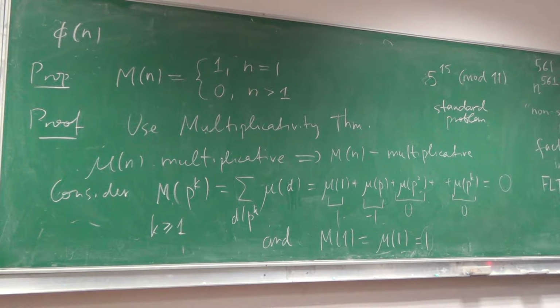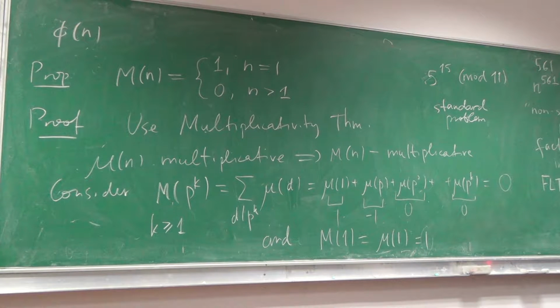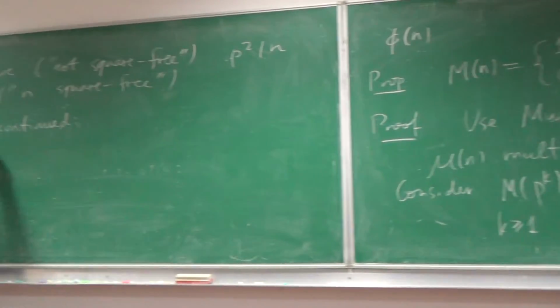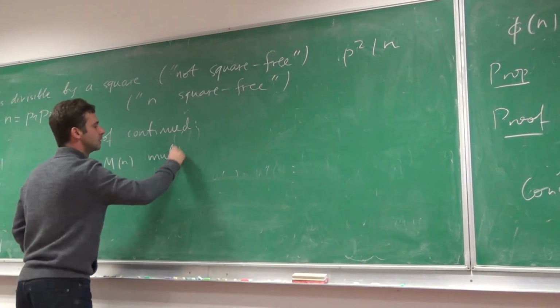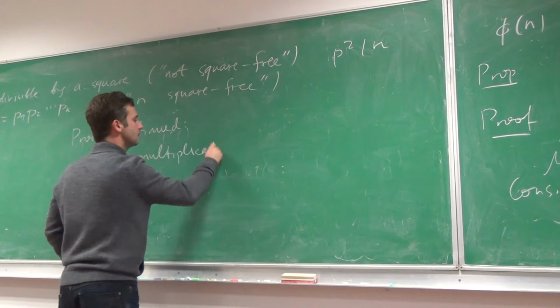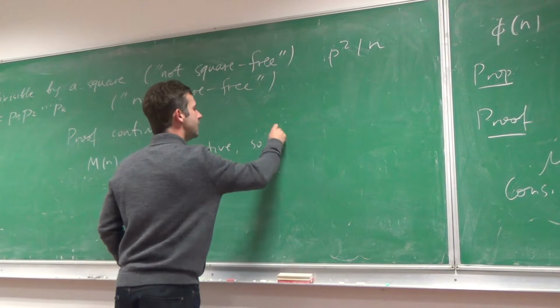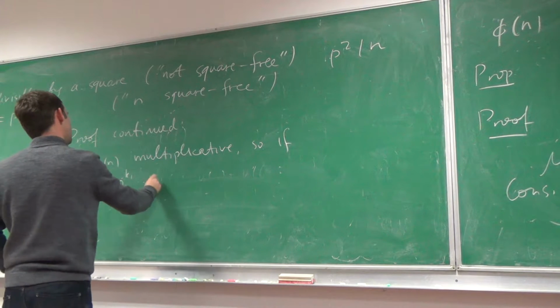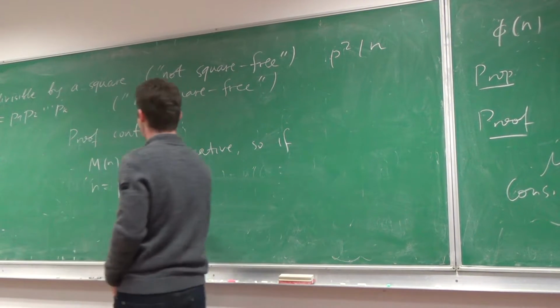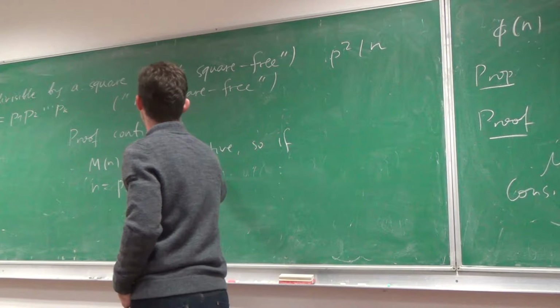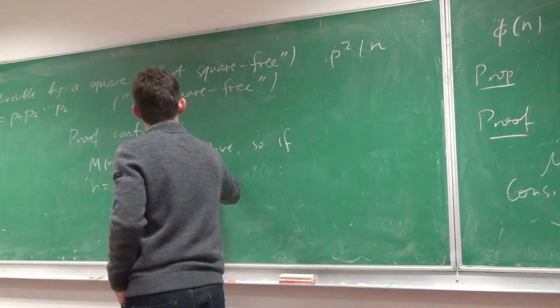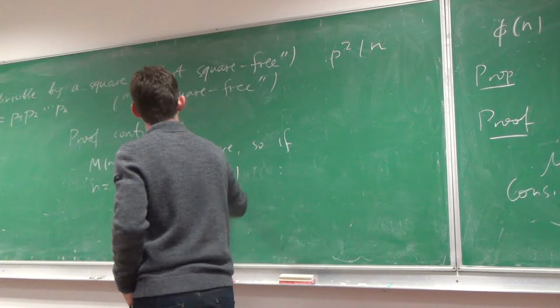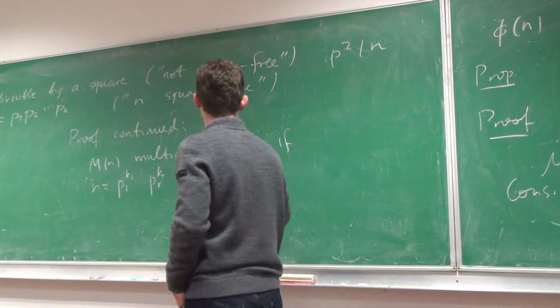So the proof continues here. It's almost finished, basically. M is multiplicative. So if n is a product of prime powers, which is non-trivial, so n is bigger than 1, so I have some primes in here.